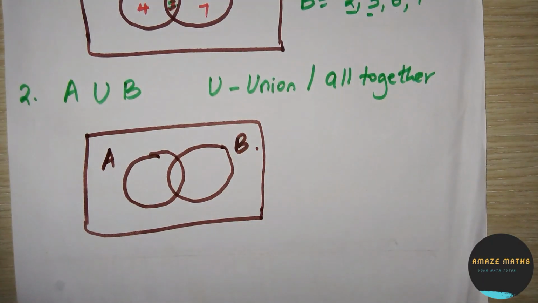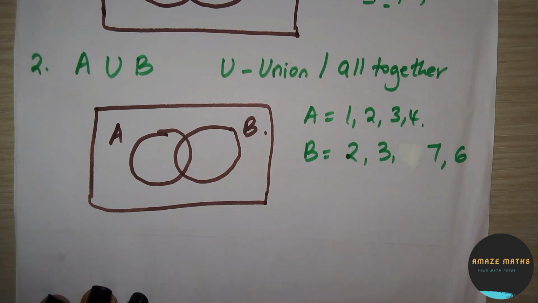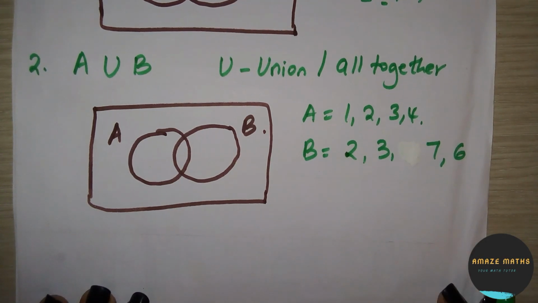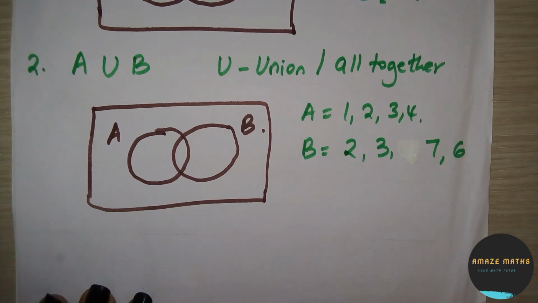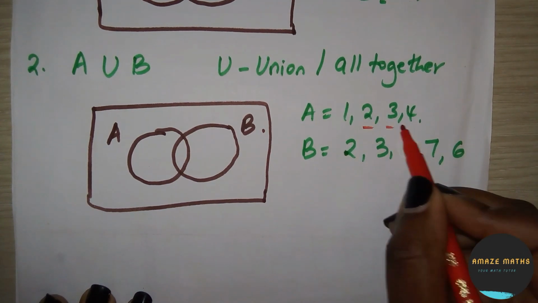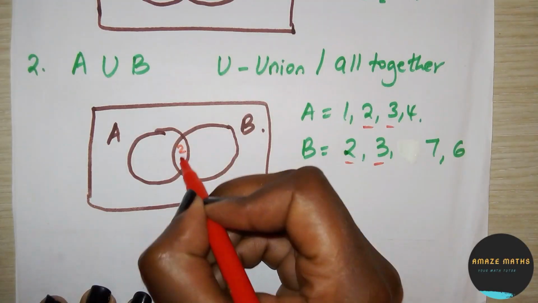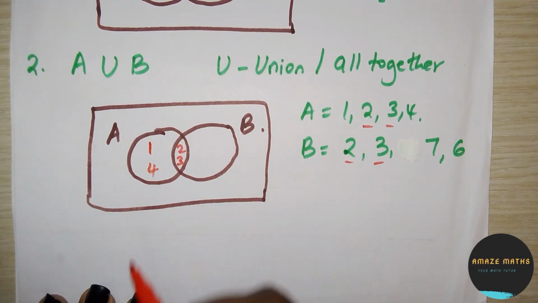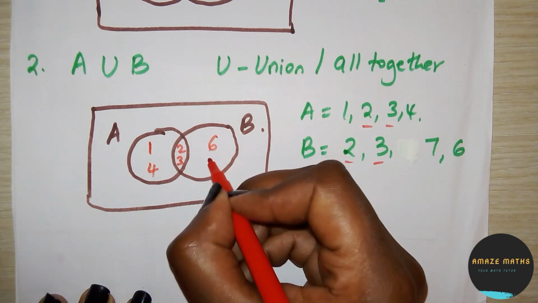We can put the numbers in. Set B has 2, 3, 7, and 6, like the previous one. What is common? We have 2 and 3, and then A has 1 and 4, B has 6 and 7.